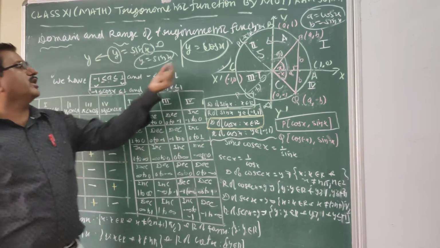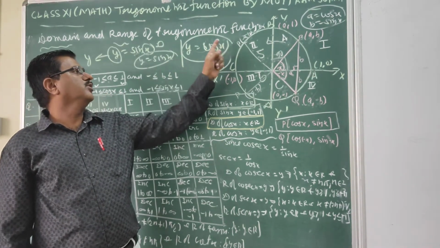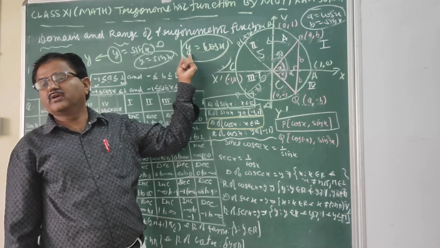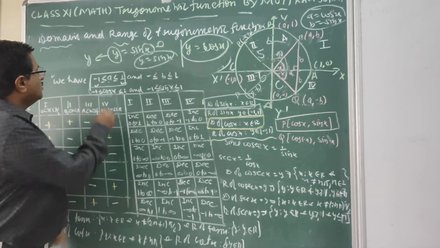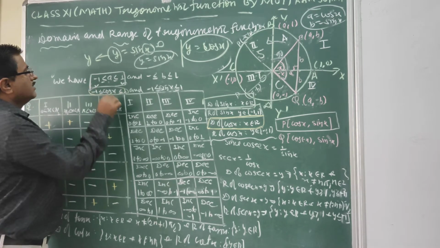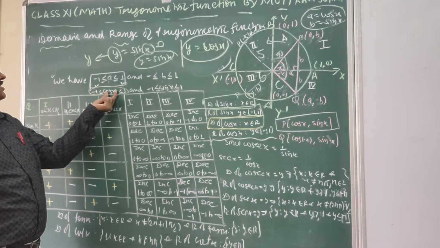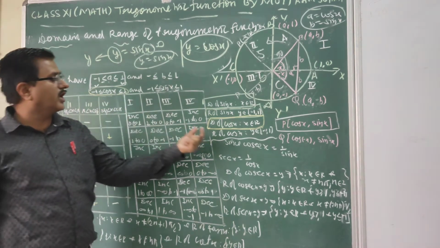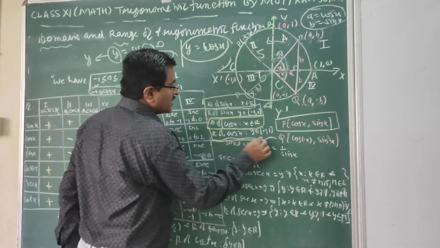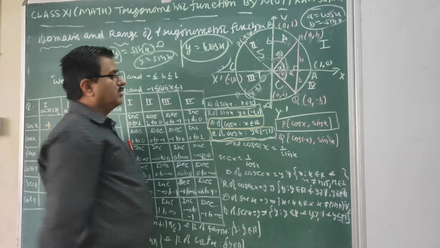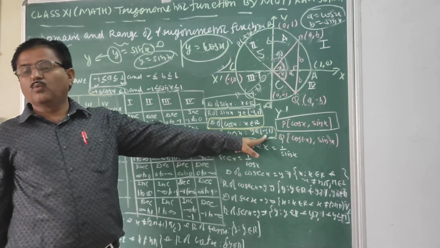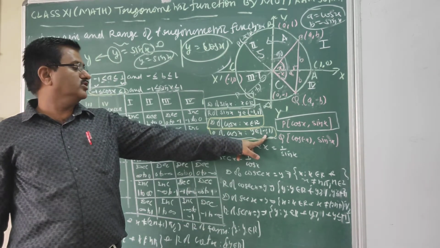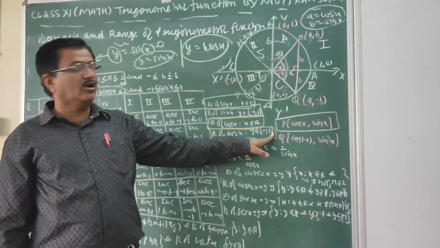If you put any real number x, we get one corresponding real number. So the value of y, that is cos x, always lies between -1 and +1. So the range of cos x is the same as sin x: y belongs to the closed interval -1 to +1.